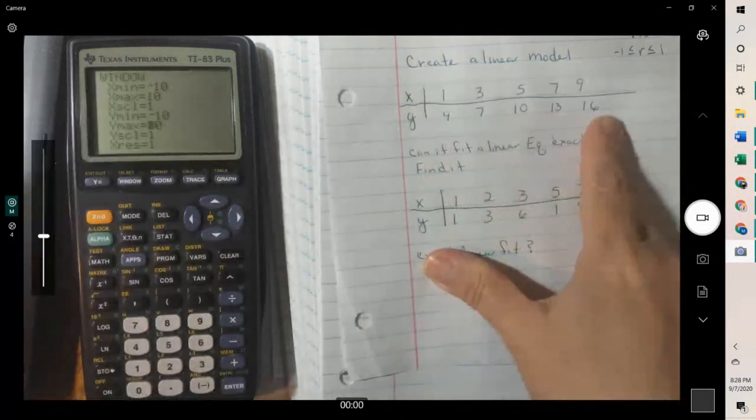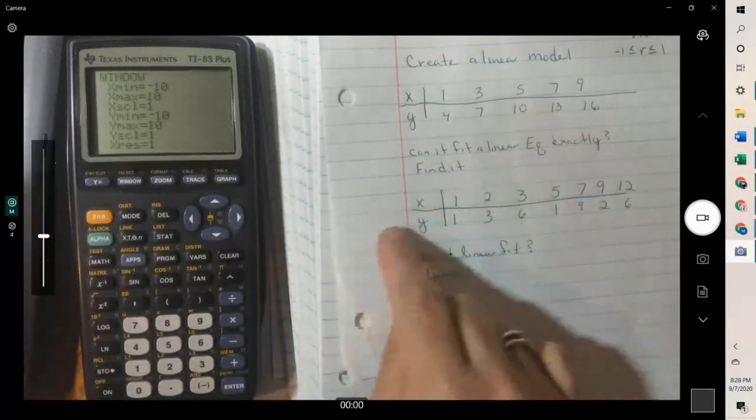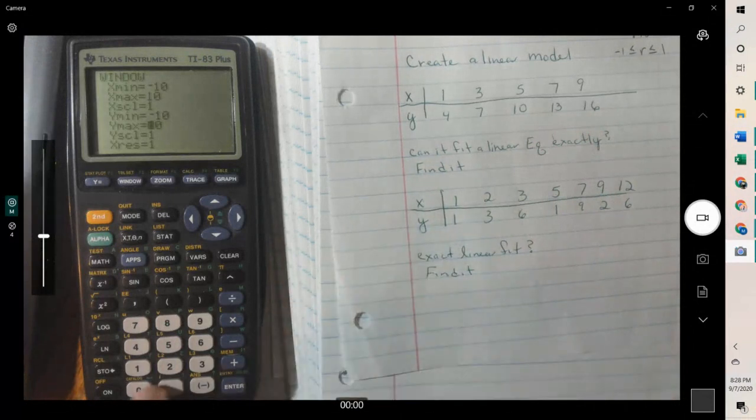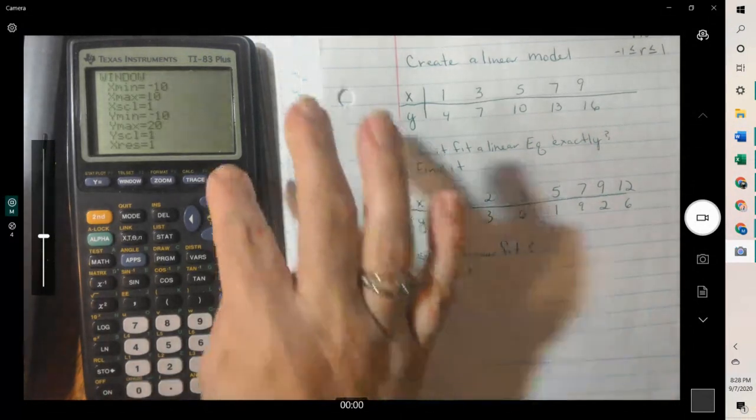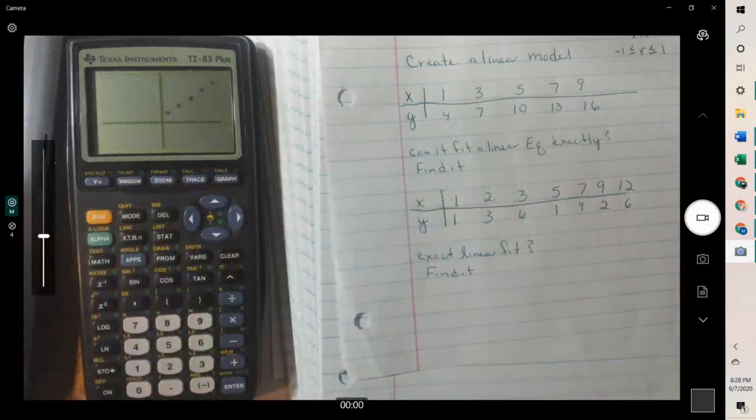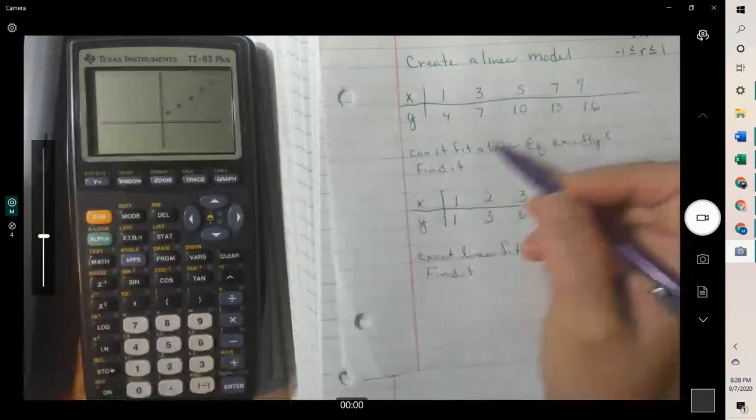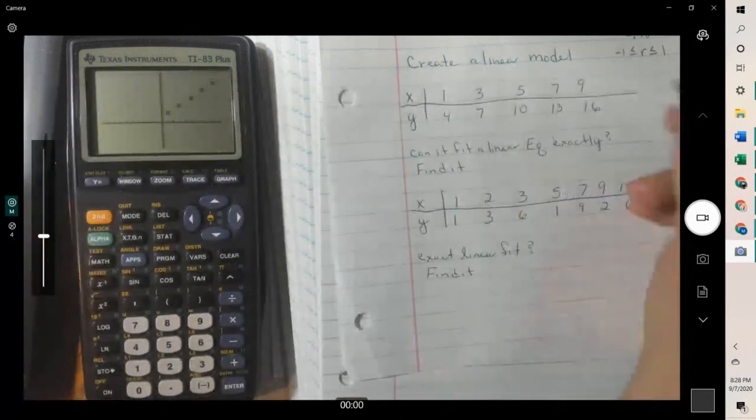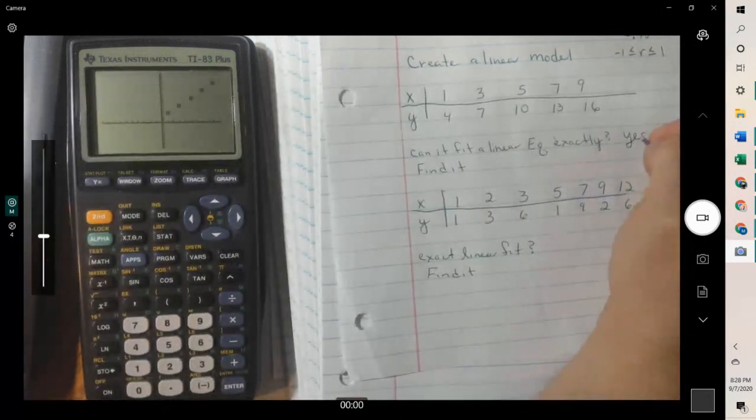They went up to 16, and I was only going to 10. So I'll go to 20. And there's the points. Notice they're straight in a line. So can it fit a linear equation exactly? Yes.